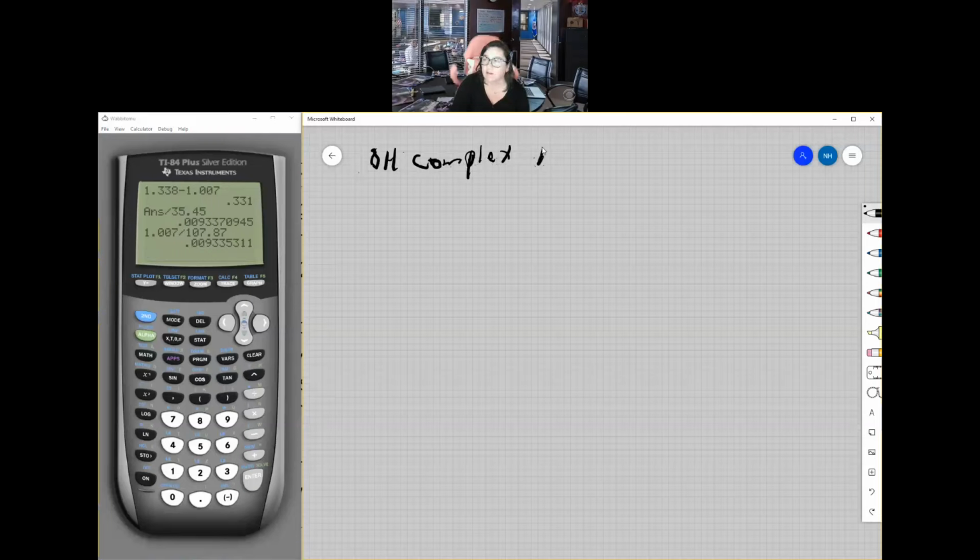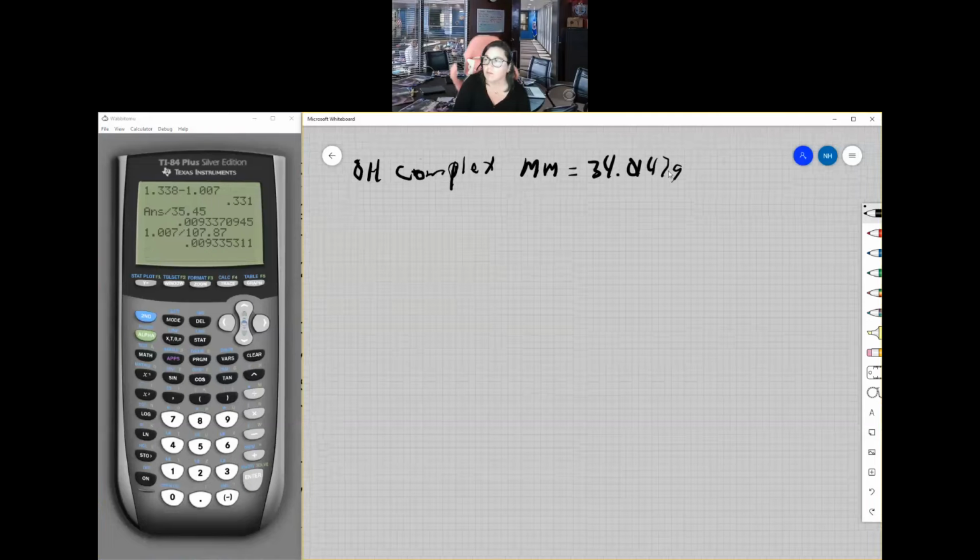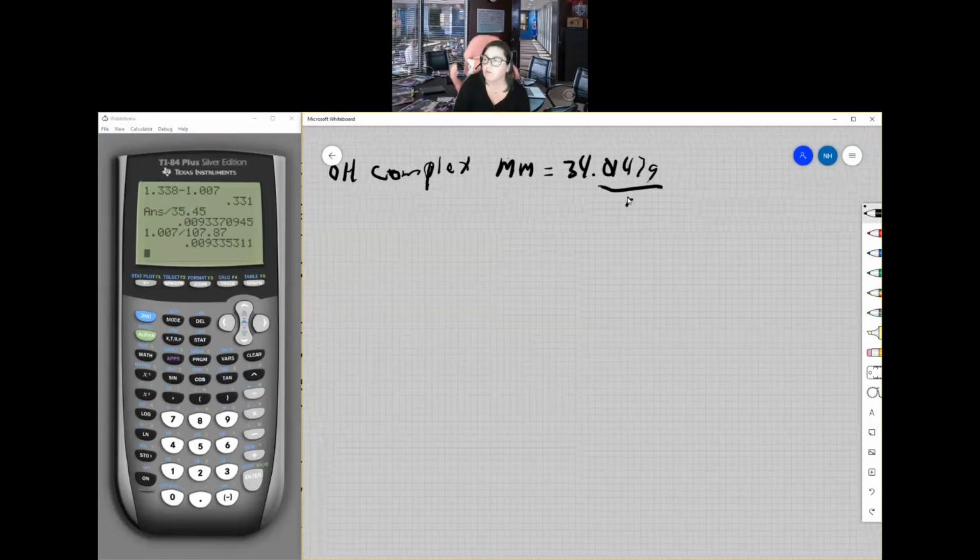Molecular weight, molar mass equals 34.0147 grams per mole. And then the percent hydrogen, 5.93.